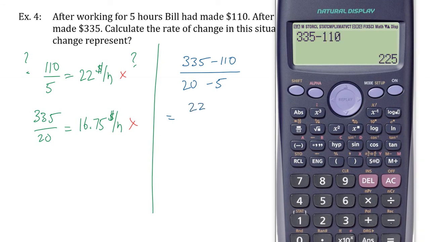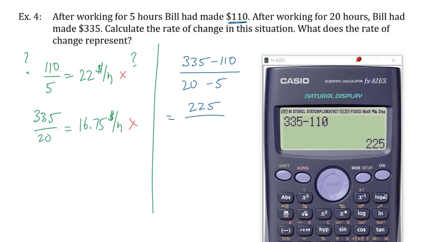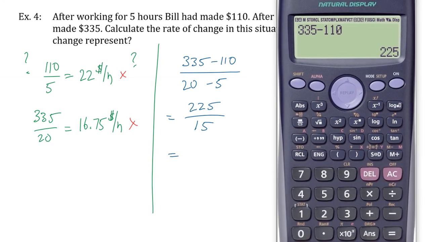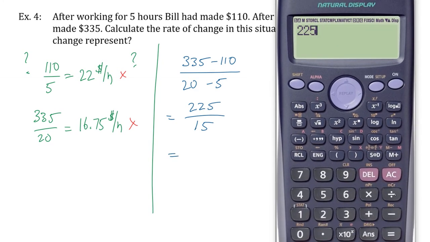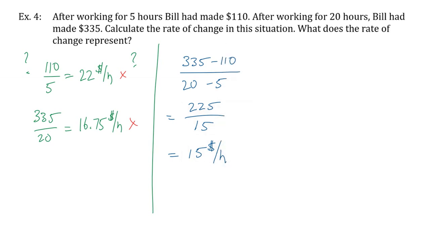So I know for sure that in those extra 15 hours, the change from 110 to 335 is 225. And then from 5 hours to 20 hours is 15 hours. So now if I do 225 divided by 15, I get $15 per hour, that's the actual hourly wage.